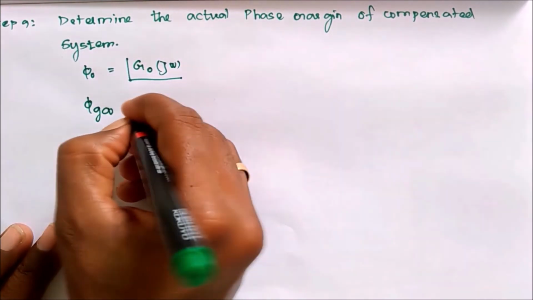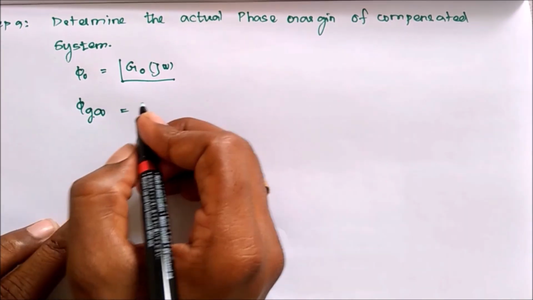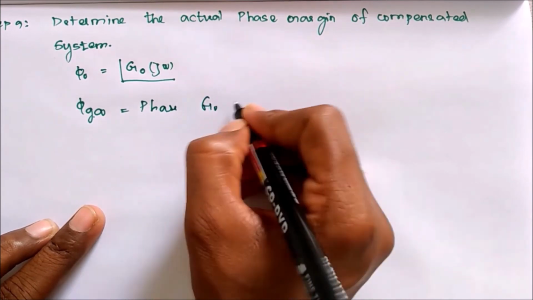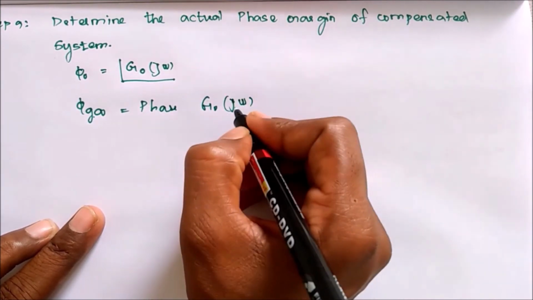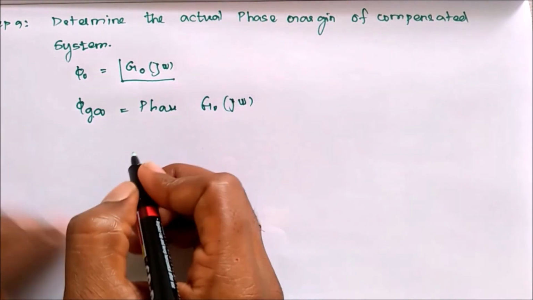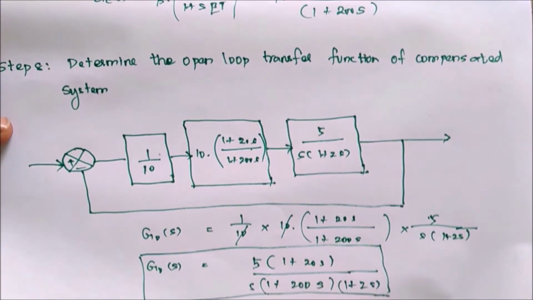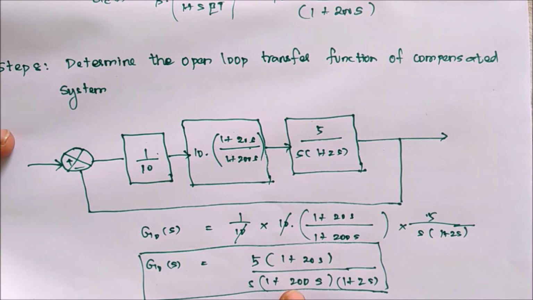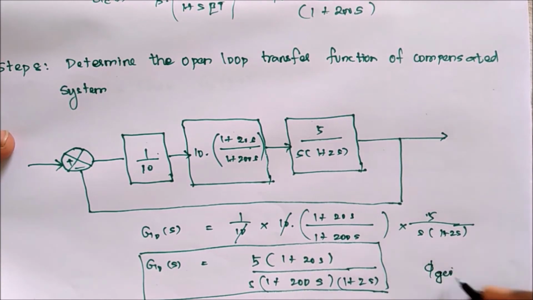Suppose now phi gc equal to the phase of g naught of j omega. So now we know from this, we have to find the phi naught of phi gc 0.